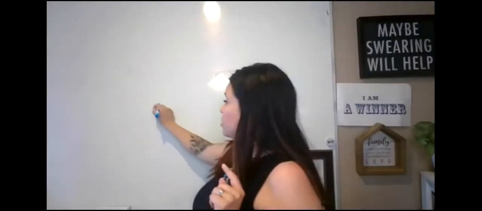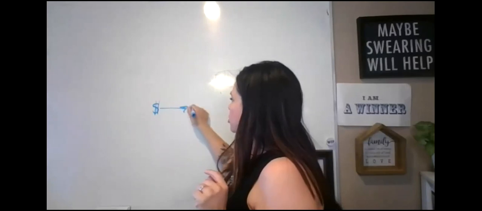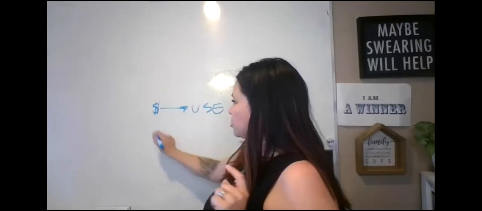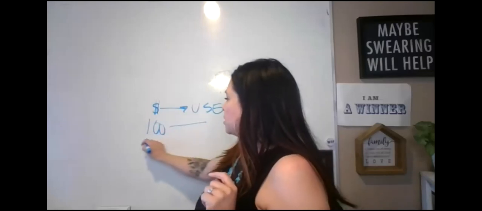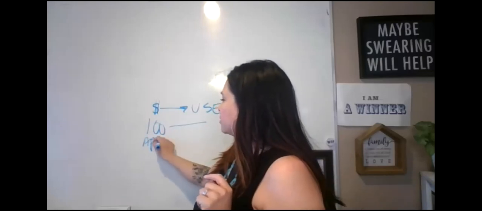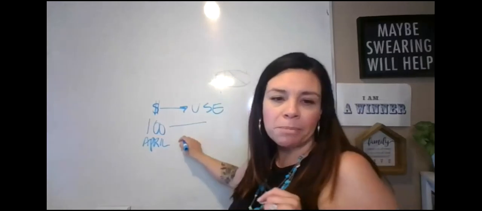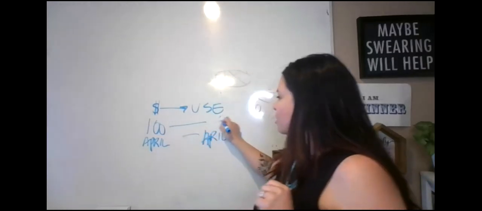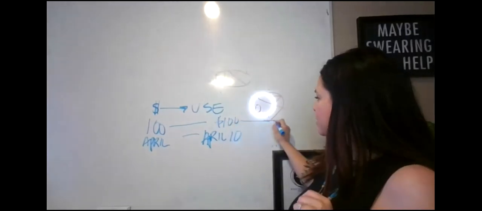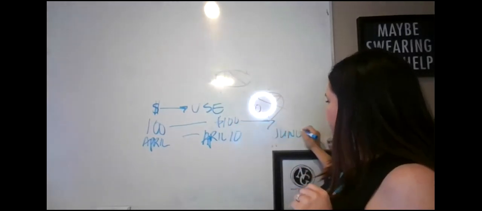With your cell phone bill you have to pay to use it, which means I pay $100 on April 1st, which typically only covers me until April 10th. And then they're going to want to bill me again April 10th to use it until June 10th.